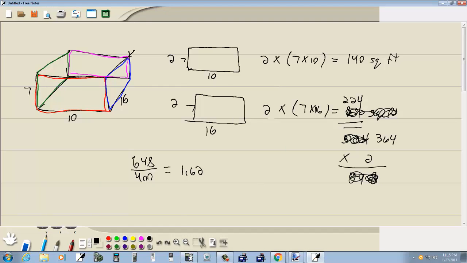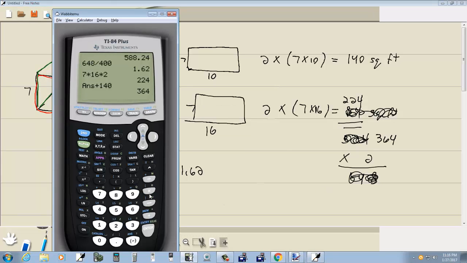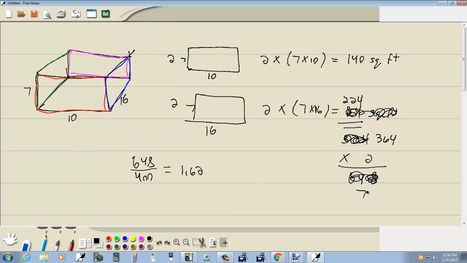Okay, 364 times 2. 224 plus that, 6, okay, 728. So then I'll take 728 divided by 400.